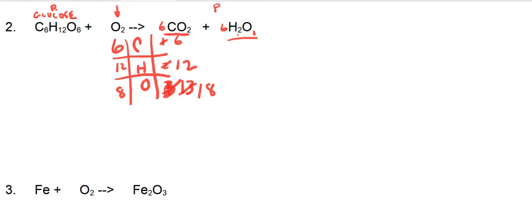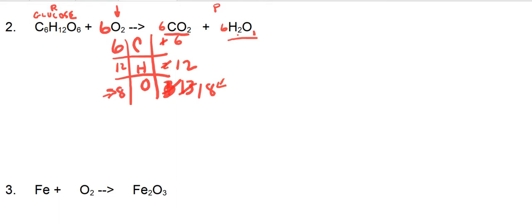Now I have my carbons balanced, my hydrogens balanced. I want to have the same number of oxygens on both sides. I already have 6. I need 12 more. 18 minus 6 is 12. 18 is what I want here, and I want the same thing over here. So in order to do that, I have to put a 6 in front of here.